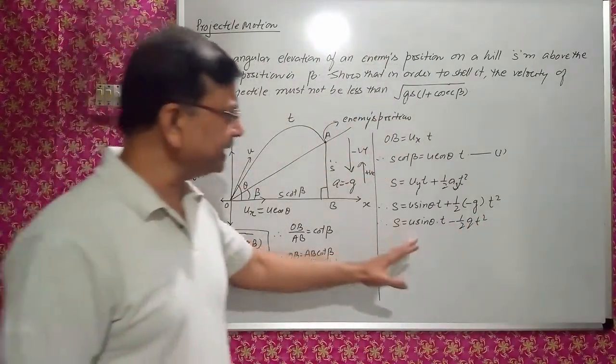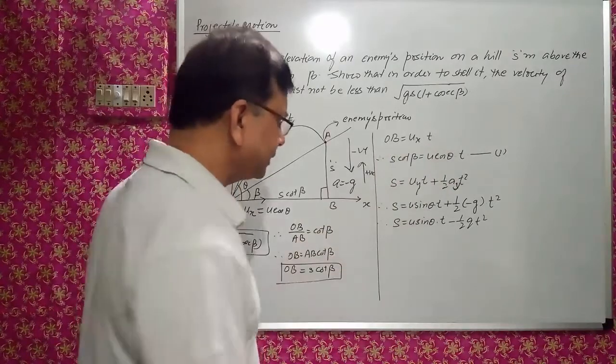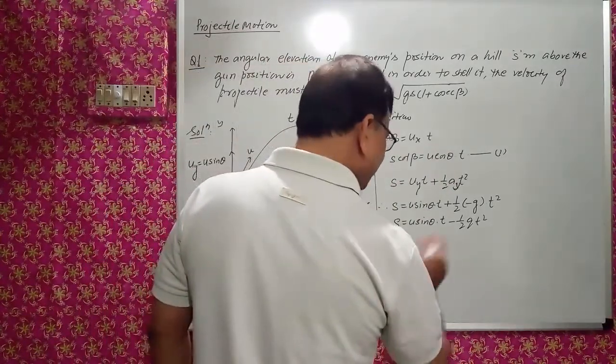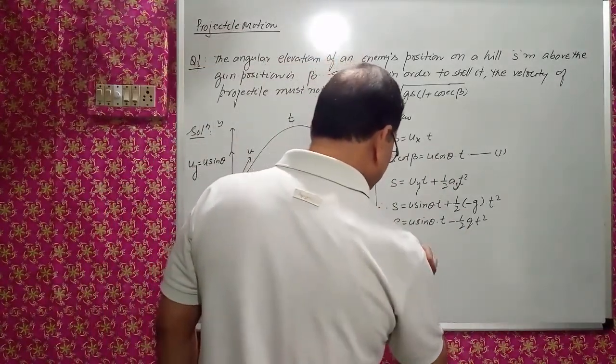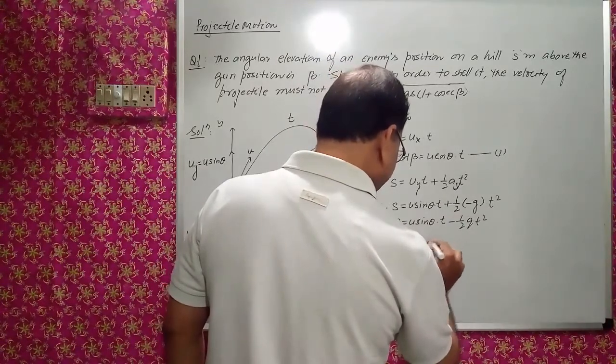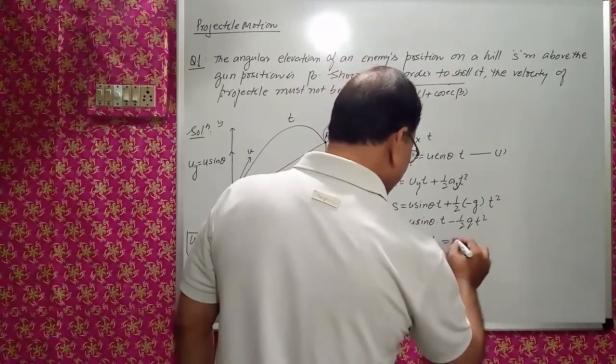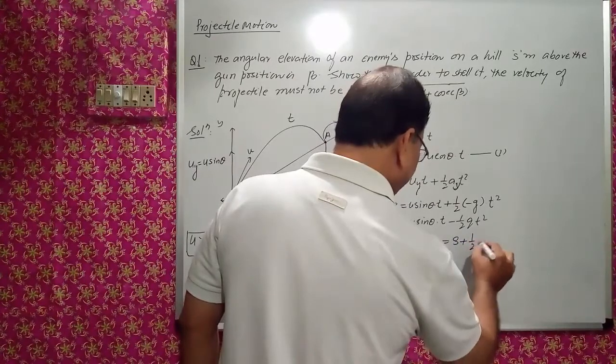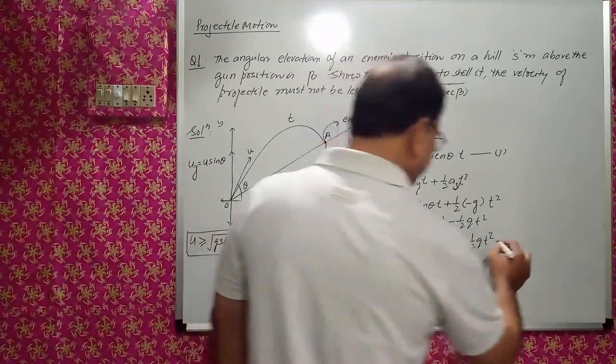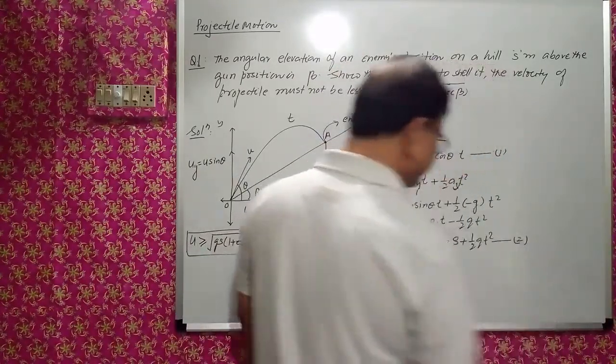Here again I got one relation like this. So we can write, transferring this on this side, u sin theta into t is equal to S plus half g t square. This is equation number 2.